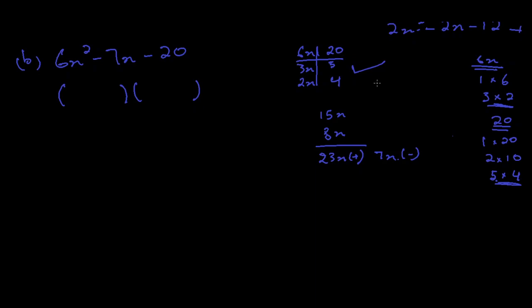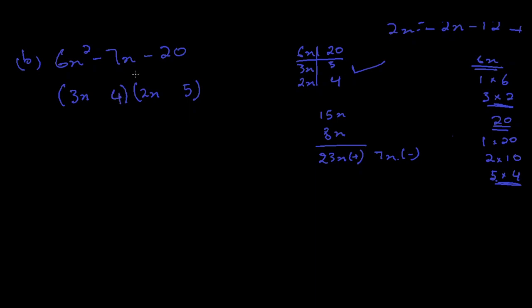So we move over 3x, 2x, then we have 5 and 4. I'm going to put the 5 here and the 4 here. Oh yeah, I forgot to show you.